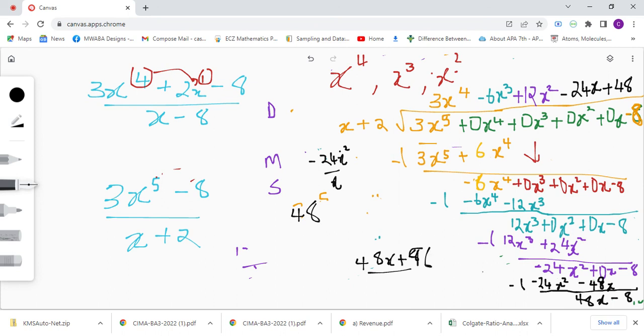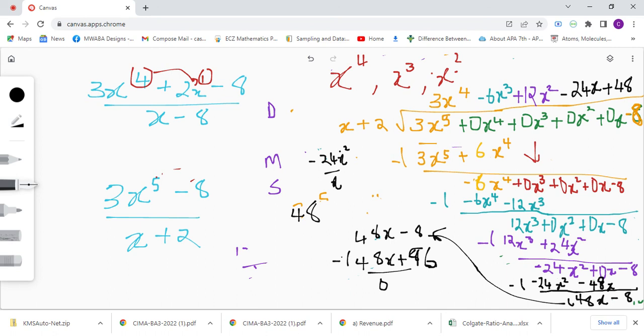So on top, we have 48x minus 8. I hope we're following here. 48x minus 48x, we get 0.